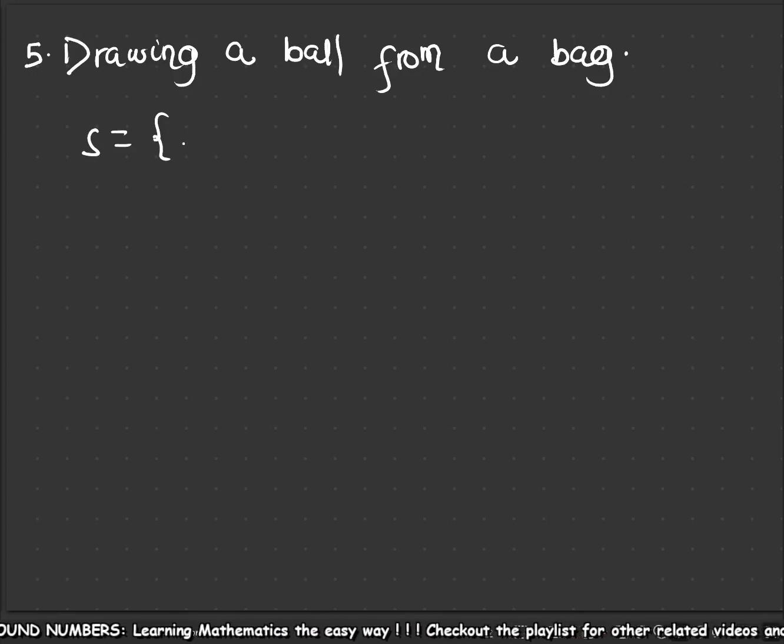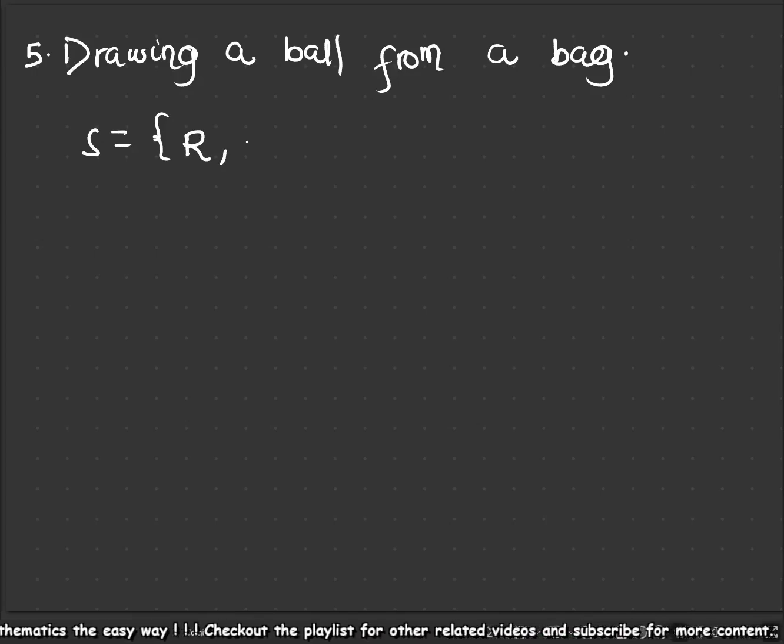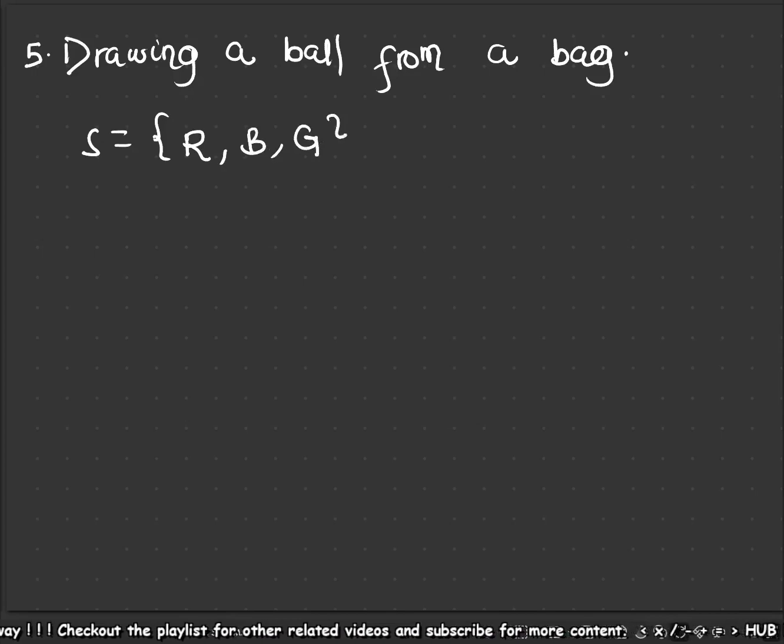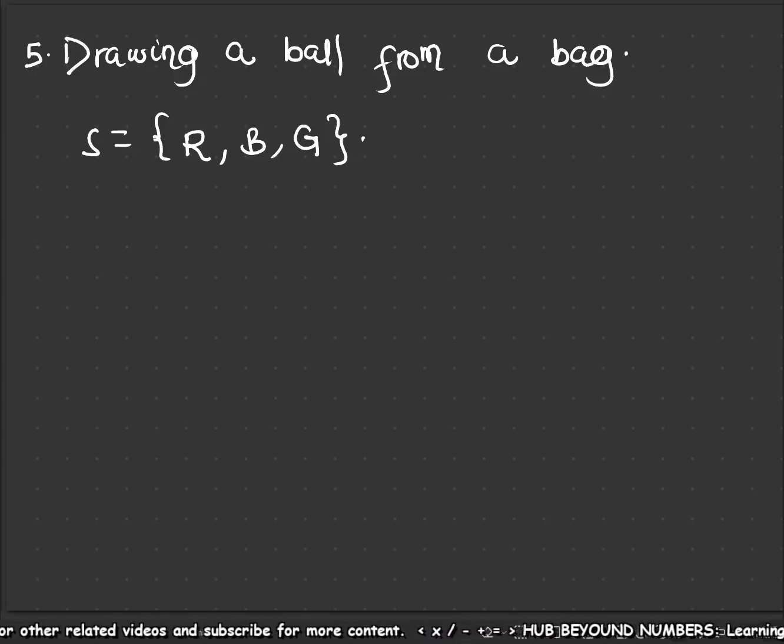If there are 5 balls, you put the number of red balls that are there, the number of green balls, and the number of blue balls, and that becomes your sample space, right? So basically, in our study of probability, these are some of the events we will be looking at. Let's pick some questions and see how we can apply these events as well.